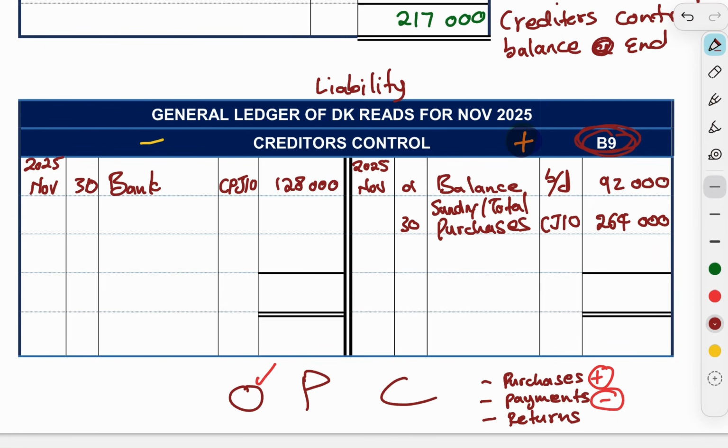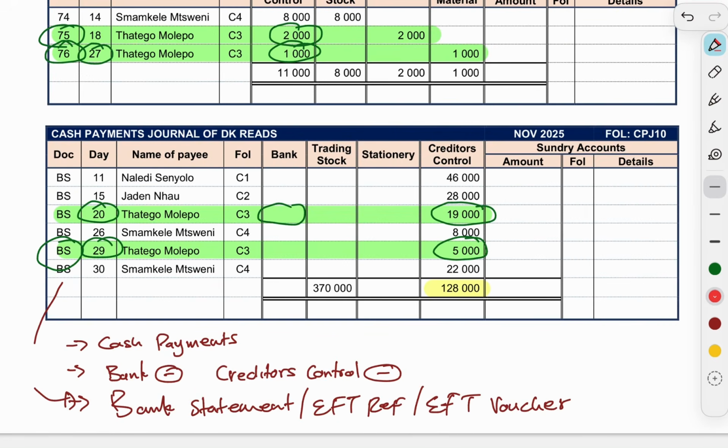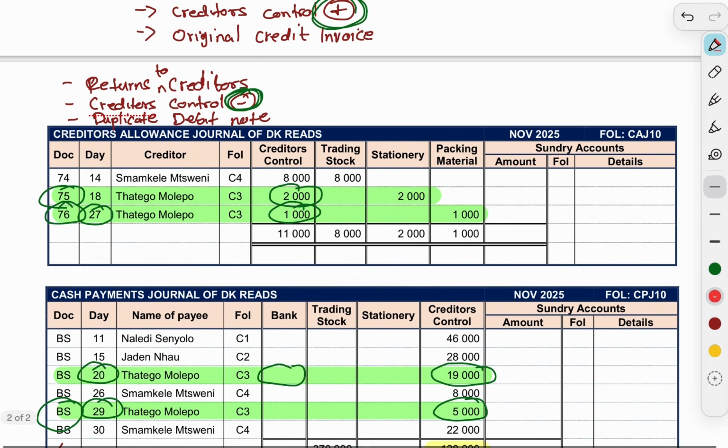Okay, so moving on, the last part, returns. So with returns, we look at the creditors' allowances journal. We want the total returns that we made to the creditors. So we look at the creditors control column.